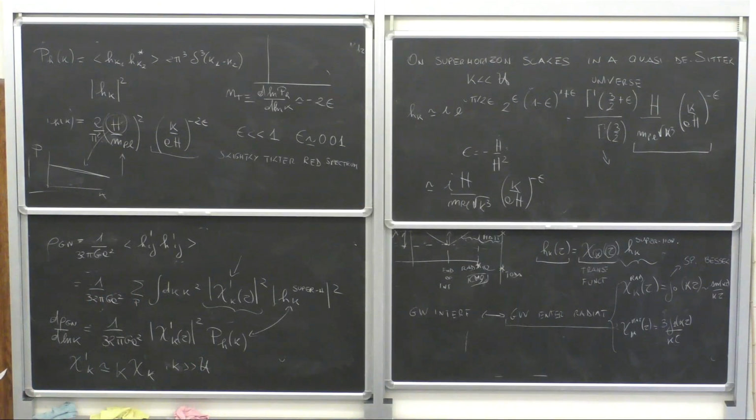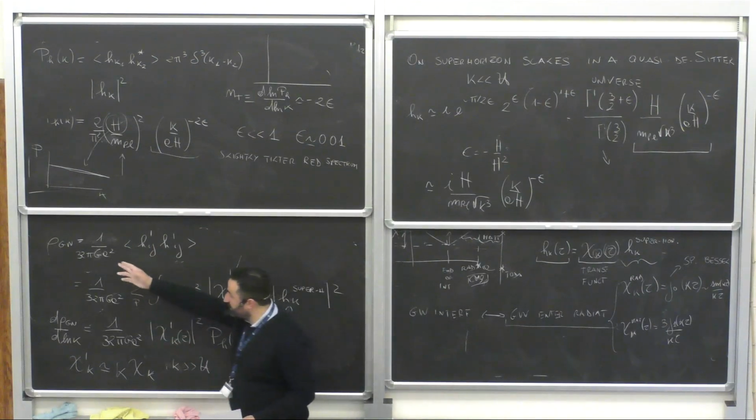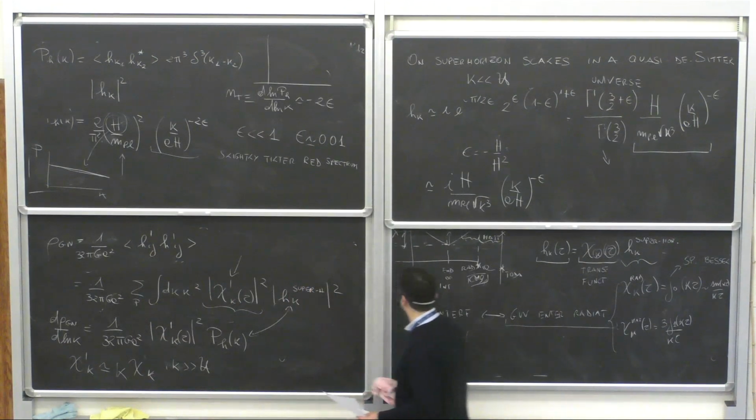So this means that now I can finally compute my omega, because I have everything, I have rho, right?